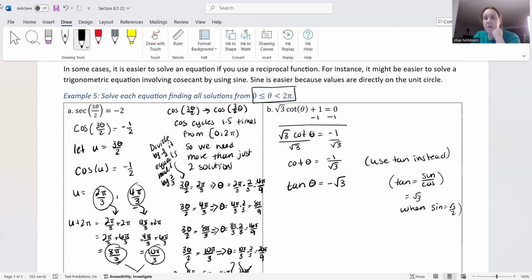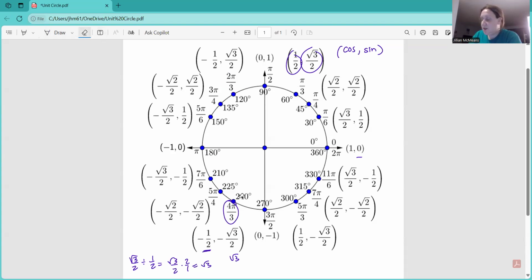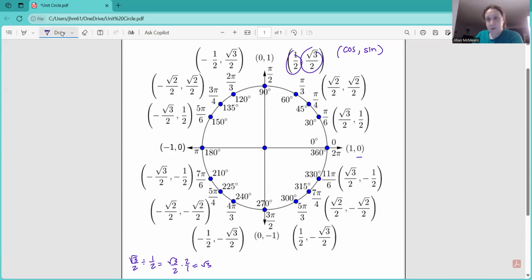Okay. So if we go to the unit circle, we need to find where tangent is equal to negative root 3. Well, tangent is always going to be a root 3 ratio when cosine is 1/2 and sine is root 3 over 2. But we need to have a negative relationship, so we need one to be positive, one to be negative. Let's erase all this other stuff that I had.